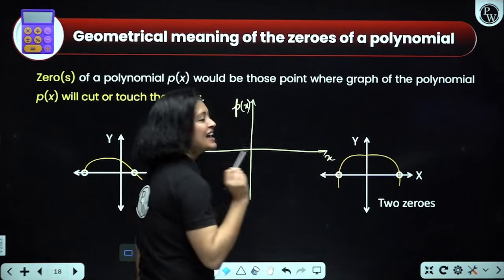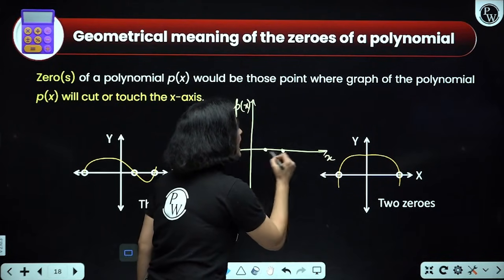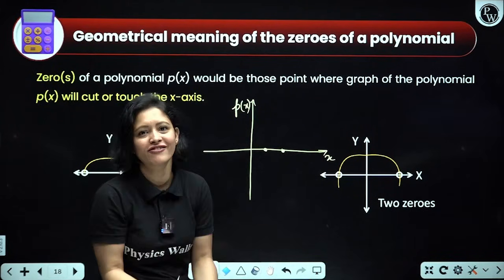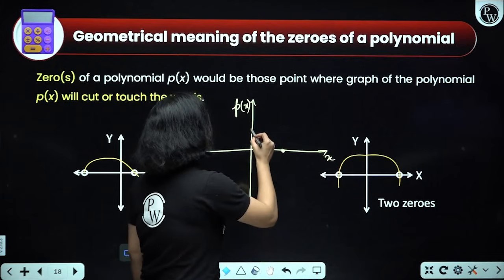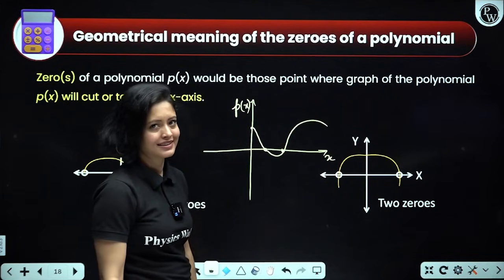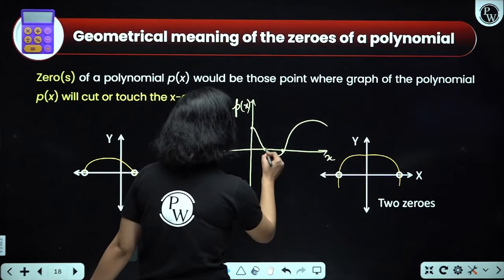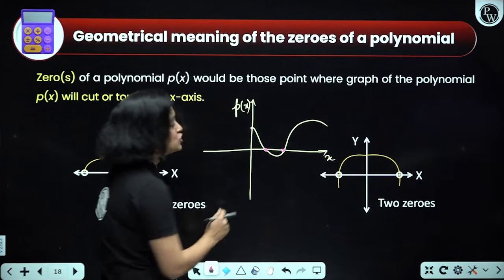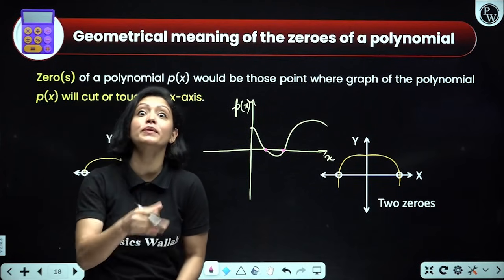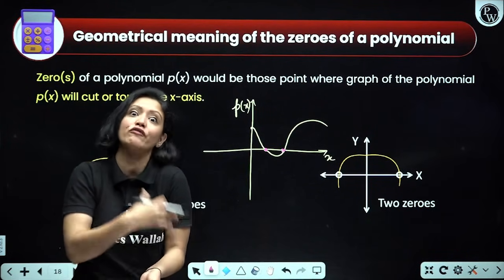So wherever p(x) becomes 0, those points would obviously lie on the x-axis. If I have the graph of any polynomial p(x) like this, you can clearly see that at these two points the value of p(x), the y coordinate, is 0.